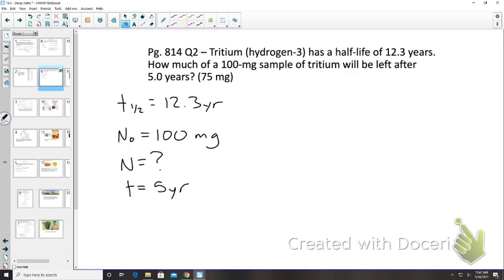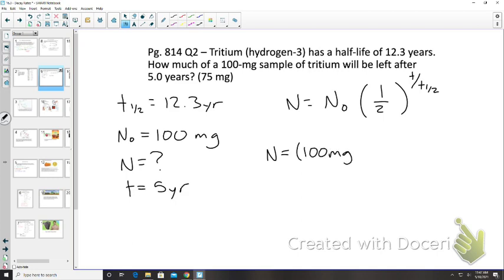So again, we can just use our half-life formula. So N is equal to N naught multiplied by 1 over 2 to the exponent T divided by T half. Okay, substituting our values. Our N naught is 100 milligrams multiplied by 1 over 2. T is 5 divided by half-life is 12.3.